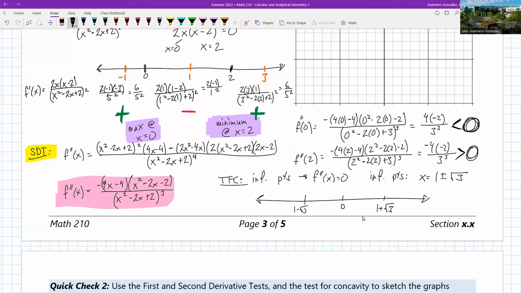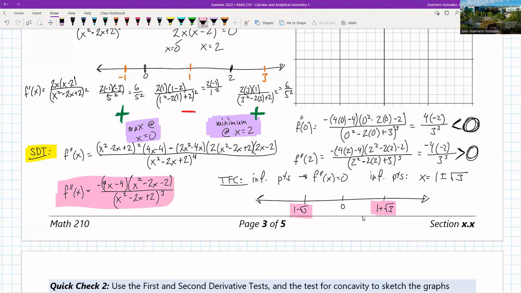So we have these two values right here, right? These are the inflection points that we found out, right?